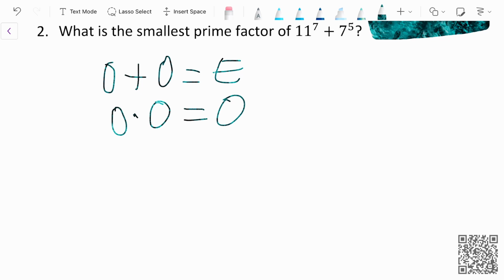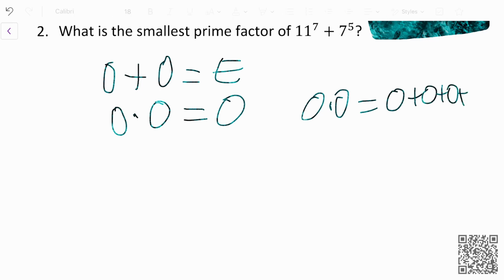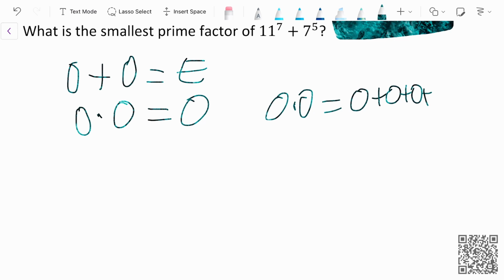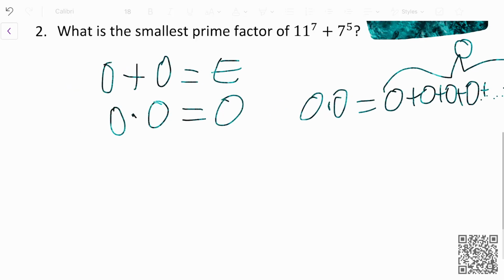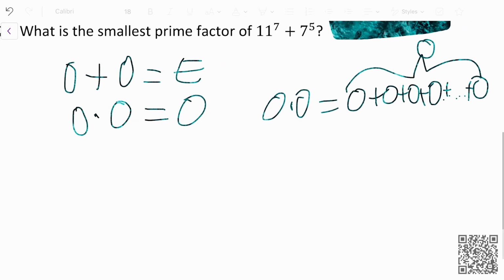For example, if you went odd times odd, any odd numbers, then it would be odd plus odd plus odd plus, and so on, plus odd. And there are an odd number of odds. And since there are an odd number, odd plus an odd is an even, but there are not an even number of odds.